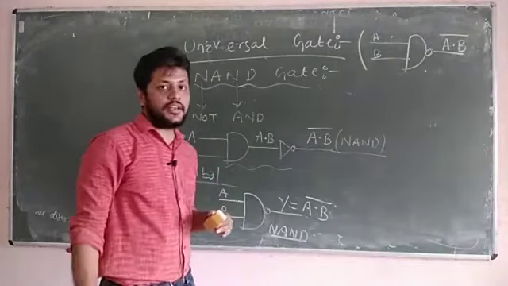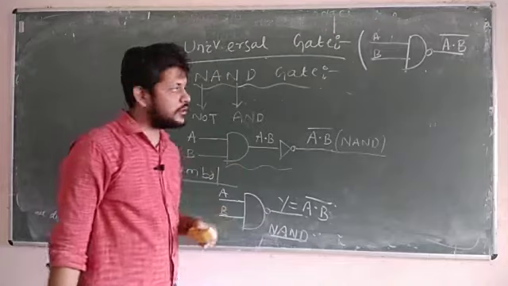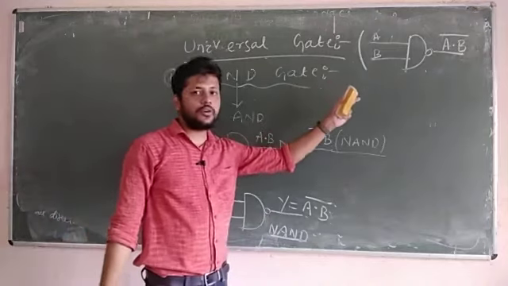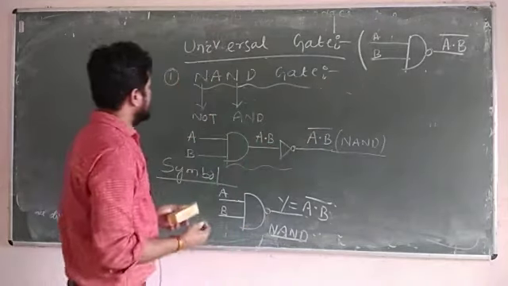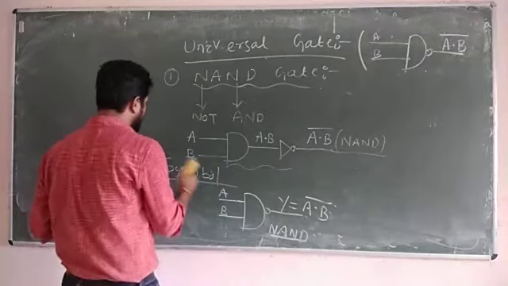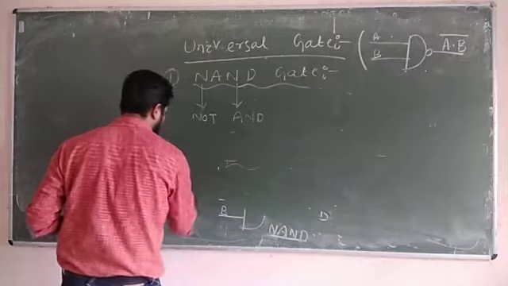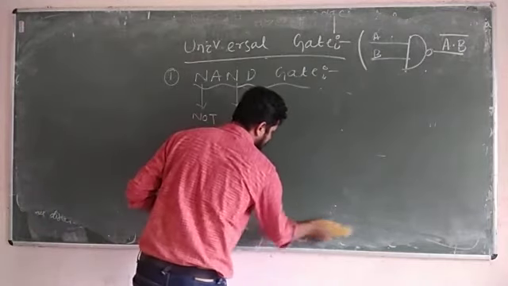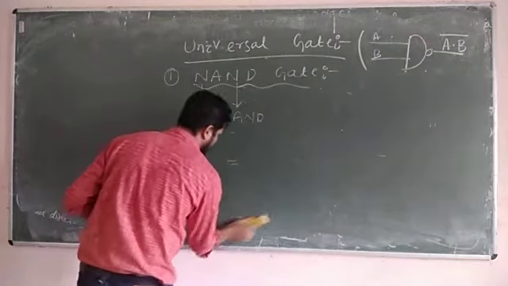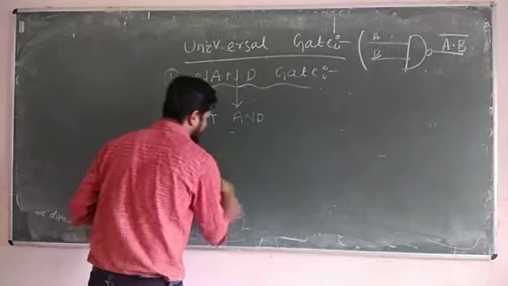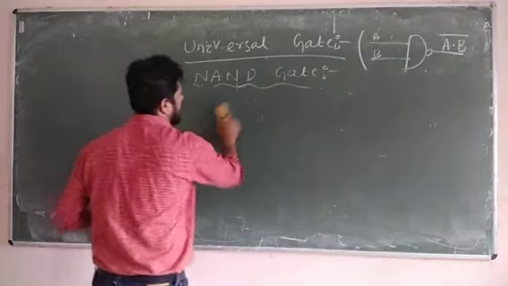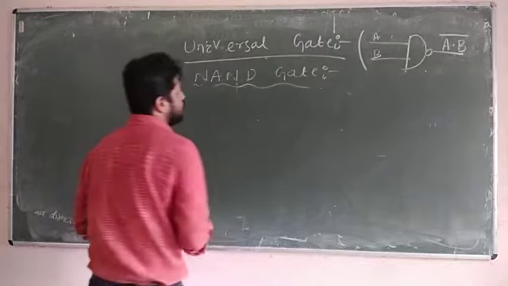So whatever basic gates you have studied, AND, OR, NOT, this is the derived gate, that is your NAND gate. Then we will study about its truth table. Then I will explain how this gate is known as universal gate. We will implement all other logic gates by using NAND gate. So first we will see the truth table.